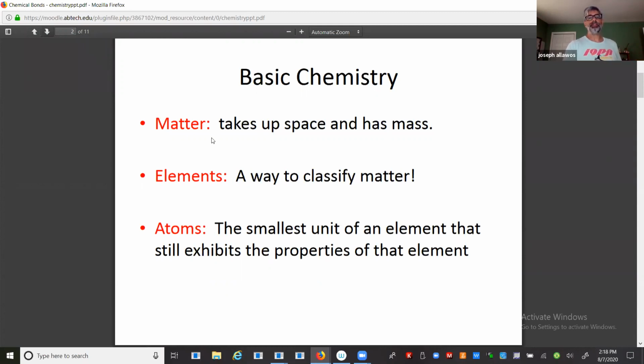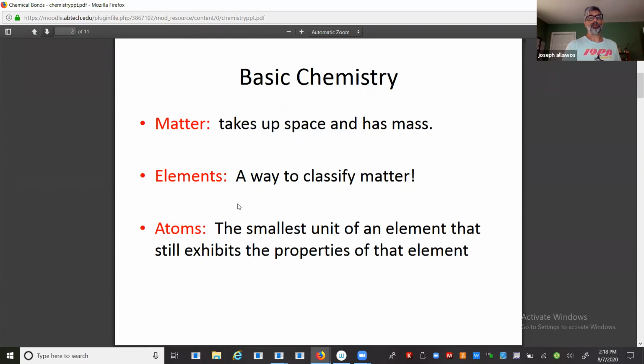By definition, matter is anything that takes up space and has mass. That's pretty much everything, right? Even air is matter because air has mass. Air doesn't seem like it weighs anything until you compress it into a bottle, and then it does, right? What humans want to be able to do is classify matter, and the way that we classify matter is by using this idea of elements.